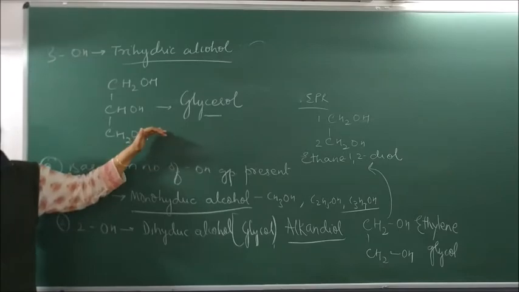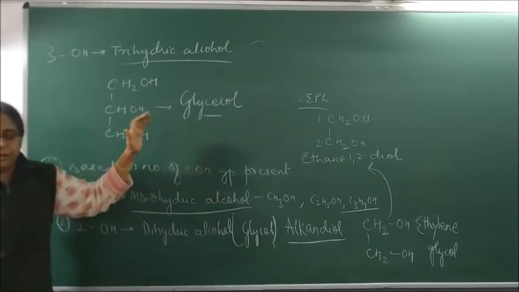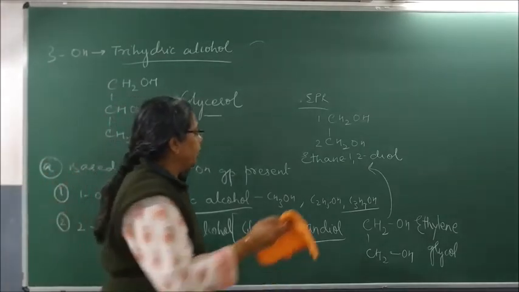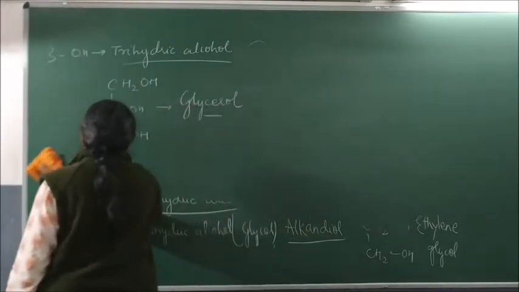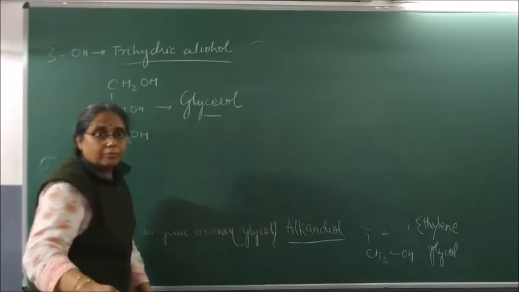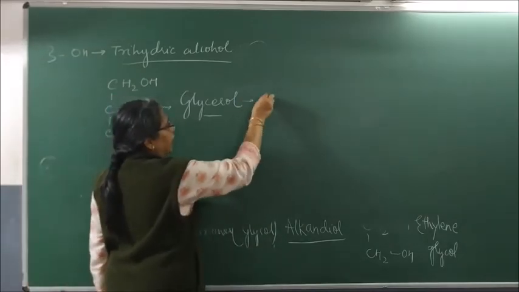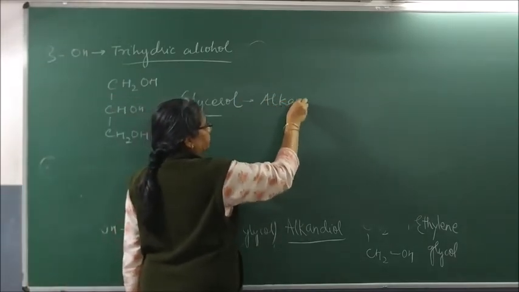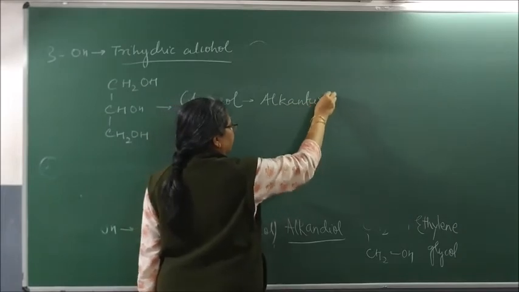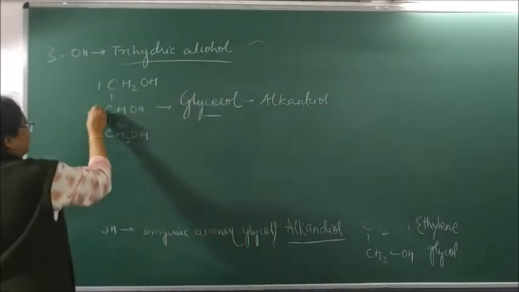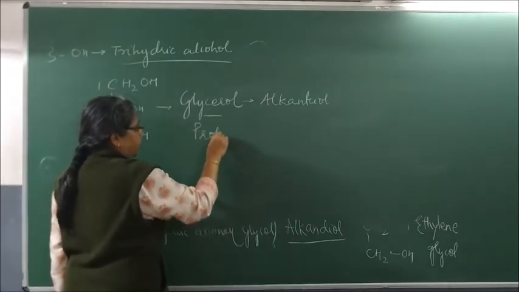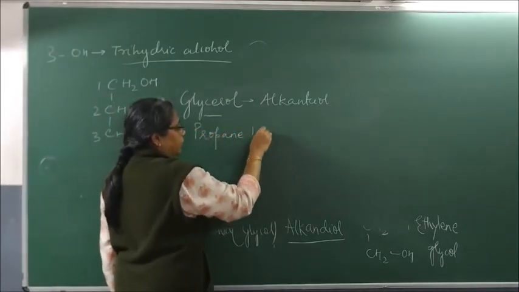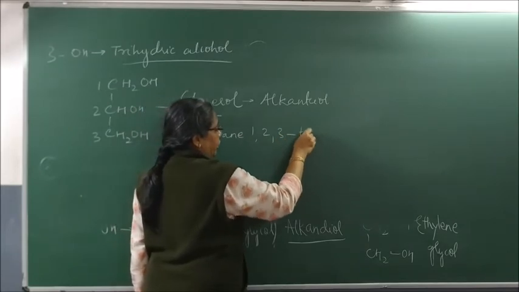Now in IUPAC, this will be called alkane triol. So the name of this compound, with positions 1, 2, 3, is propane 1, 2, 3 triol.